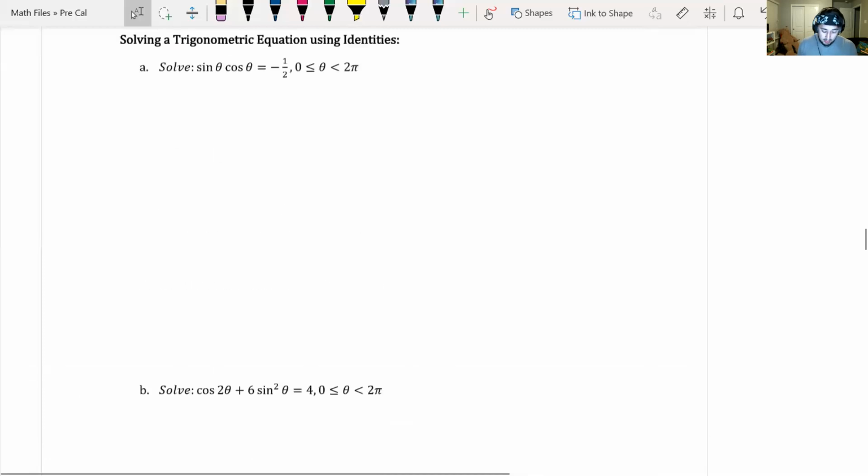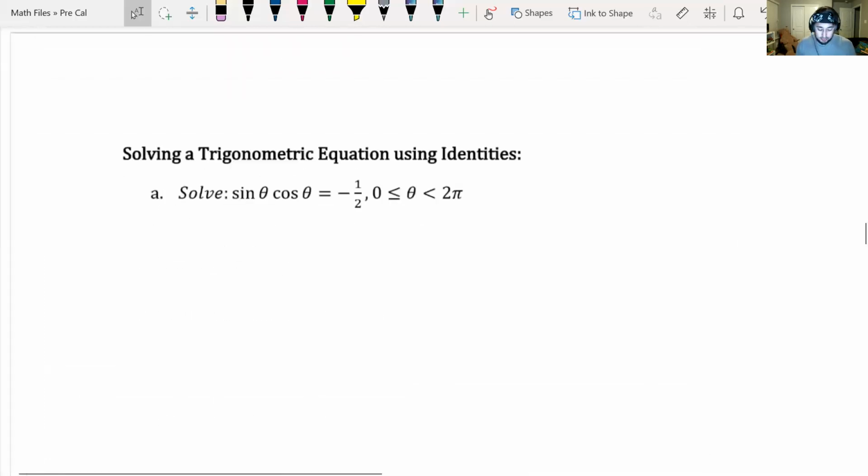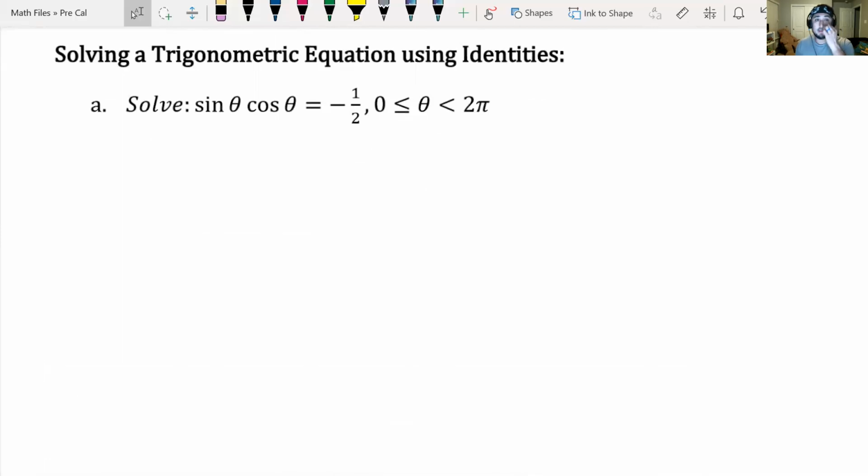Okay. All right. So solve a trig equation using identities. So it's telling us what to do. Use identities. And we are given sine theta cosine theta equal to negative 1/2. Well, we didn't make a formula for sine theta cosine theta.